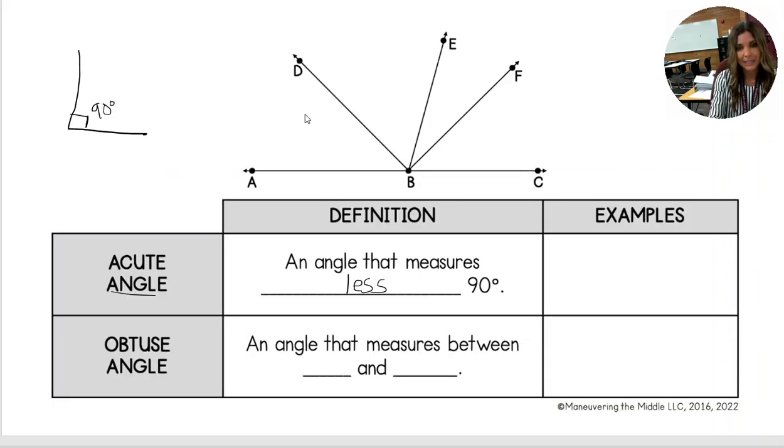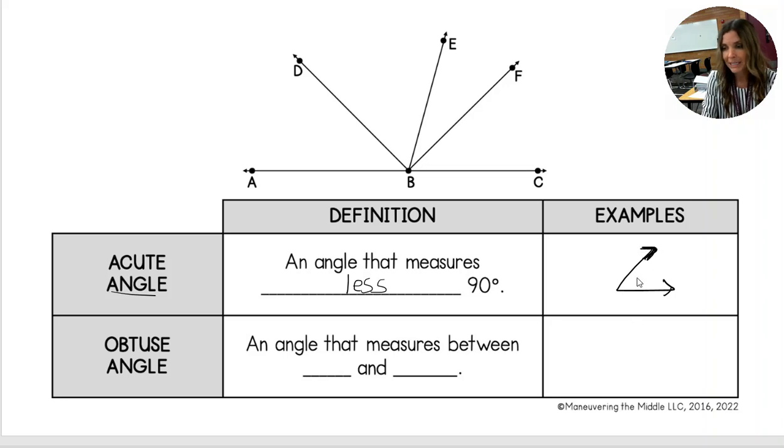Okay, let's go ahead and talk about obtuse. So acute angles, I'm going to draw one for you. And in the example part of this, instead of writing in the angles that were acute, let's just draw a picture of what acute means, okay?